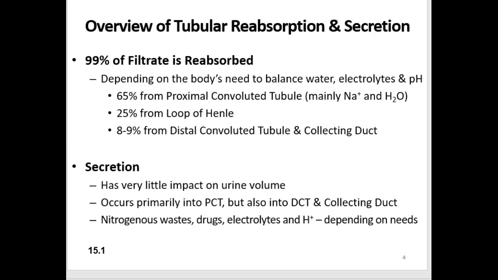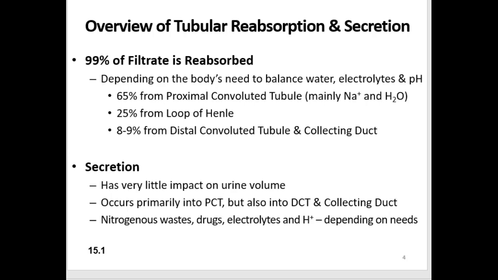The main driving force is sodium being actively pumped from the tubule lumen back into the body or into the blood, and water follows. 25% of reabsorption occurs in the loop of Henle, and then the remaining 8 to 9% is reabsorbed in the distal convoluted tubule and the collecting duct.